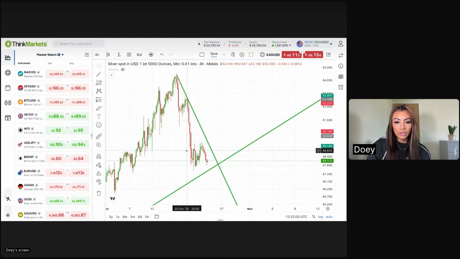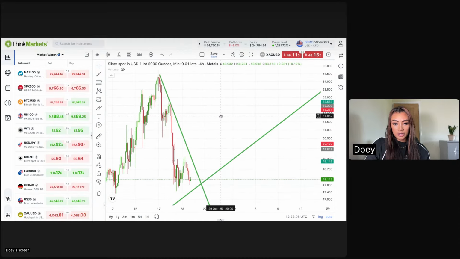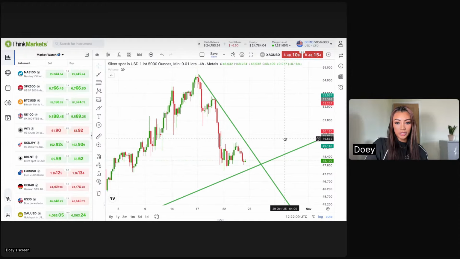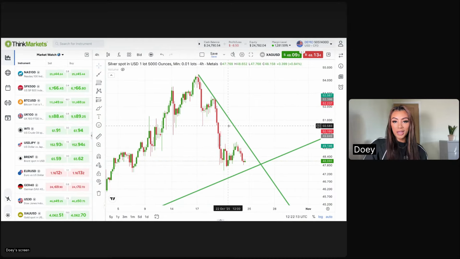Okay, so let's have a look at the 4 hour. Like I said, right now, 4 hour, we're in a little bit of a consolidation zone here. Sorry, we've got a trend line coming down, trend line coming up, and we are coming to the end of this triangle. So it's going to be interesting when we come to the end.